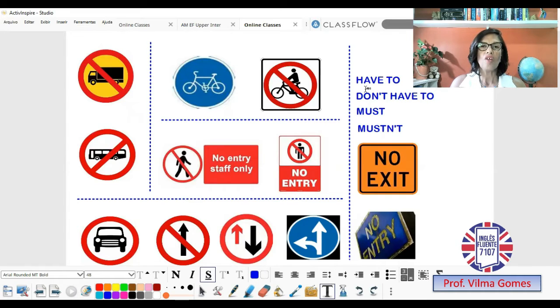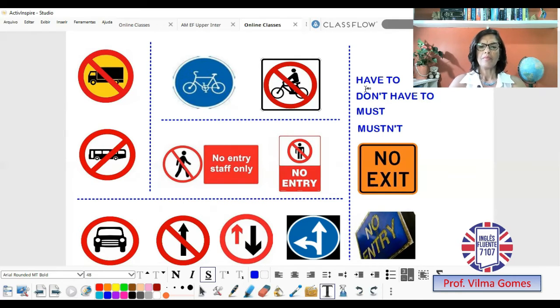Mustn't is the contraction of must not and indicates prohibition. Exactly, prohibition. Something you shouldn't do. There is a rule. So, mustn't indica proibição. É uma coisa que você não deve fazer, porque tem uma regra, tem uma ordem, certo? Para que essa ação não seja feita.